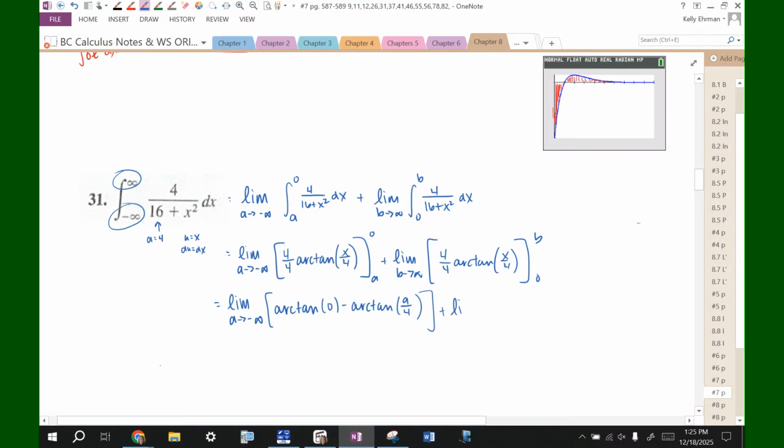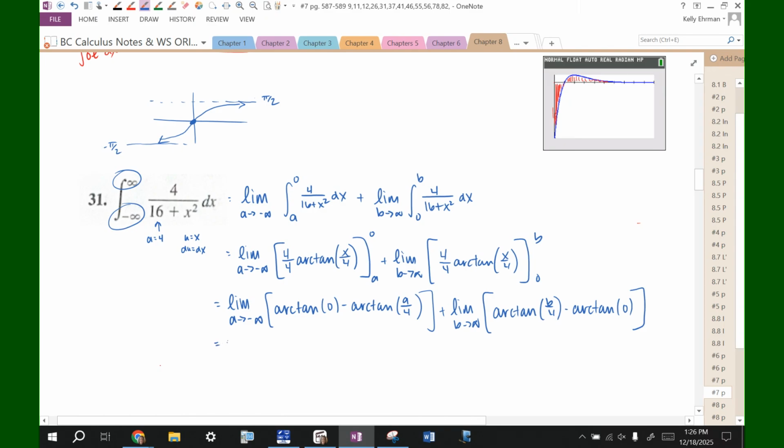And this one is arctan of b over 4 minus arctan of 0. If you don't remember, the arctangent graph looks like this. It has horizontal asymptotes on the left and the right, pi over 2 on the right, negative pi over 2 on the left. It goes through 0, 0. So that's all the information I need.